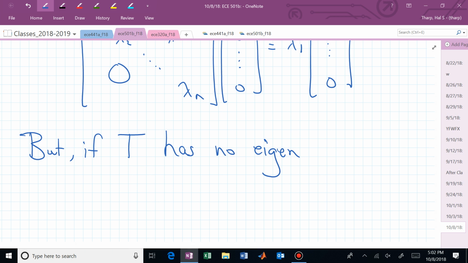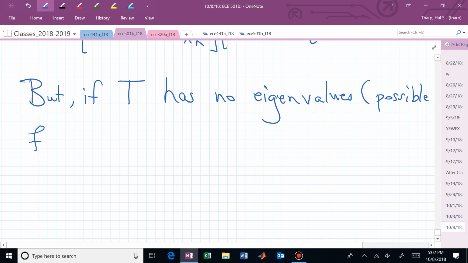So if T has no eigenvalues, and that's possible, over the set of reals, then we can't put that very first column in place in this upper triangular form. So we can't create an upper triangular matrix when we're dealing with the generic real vector space.